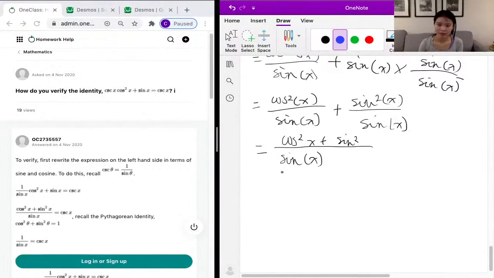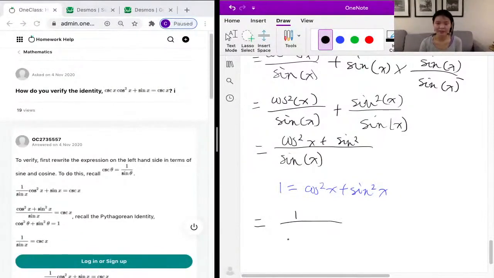Now, we know that one of the Pythagorean identities is 1 equals cos squared x plus sin squared x. So cos squared x plus sin squared x is also equal to 1. For the next step, we can interchange the 1 with the cos squared x plus sin squared x because they have the same value, so the result of our equation wouldn't change.